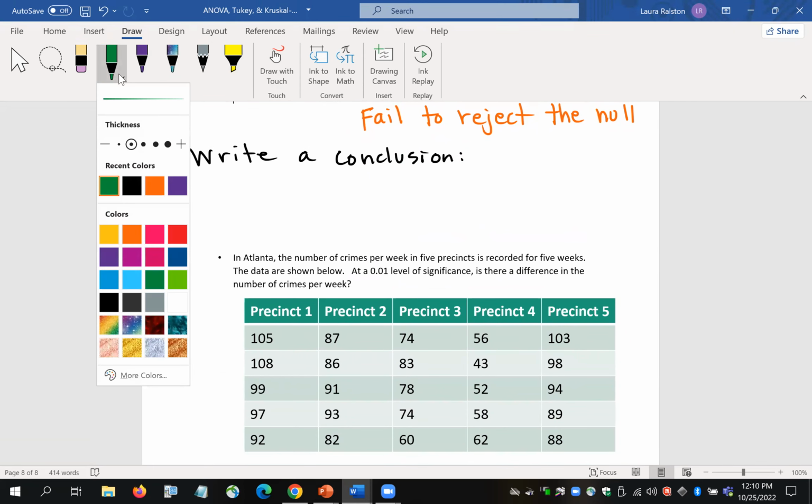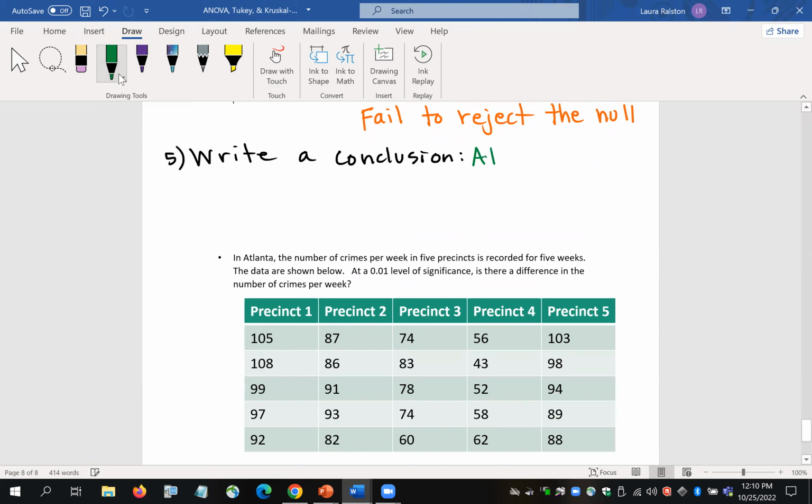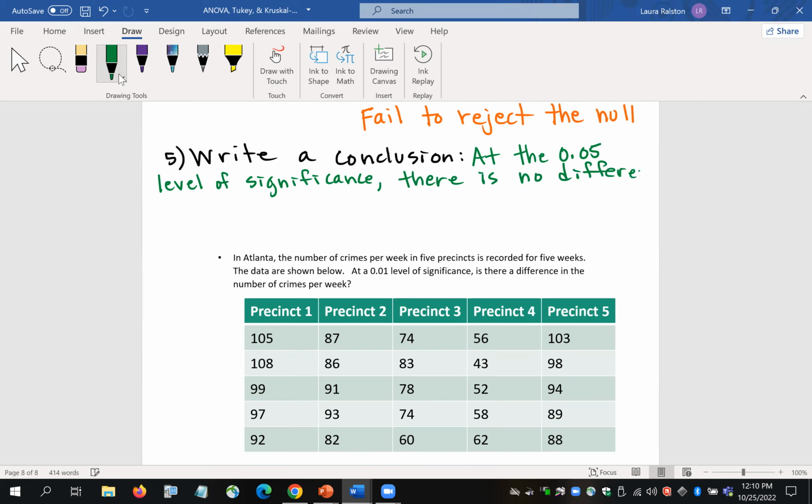Okay, so we would write: at the 0.05 level of significance, there is no difference in the median number of deaths.